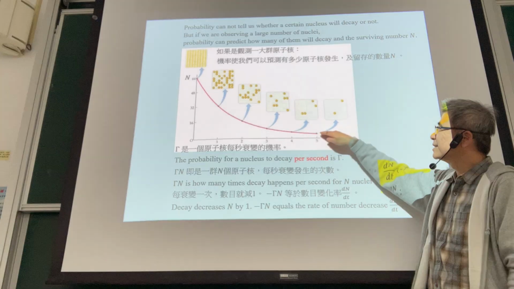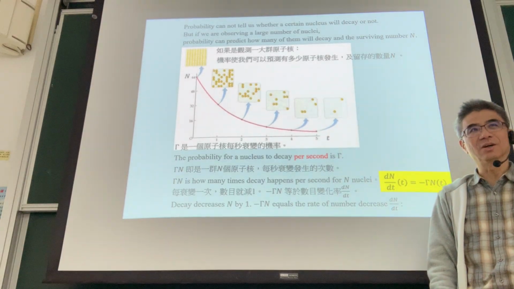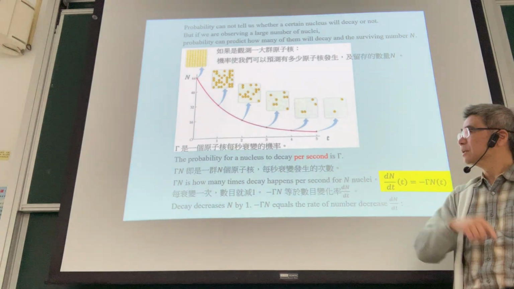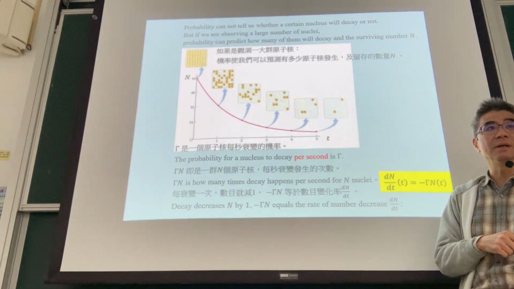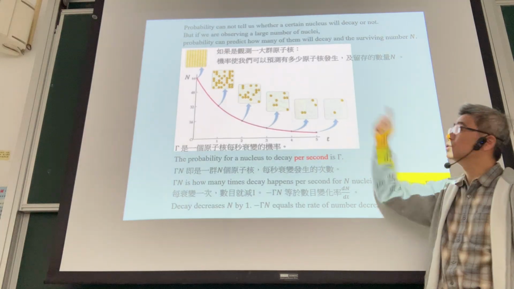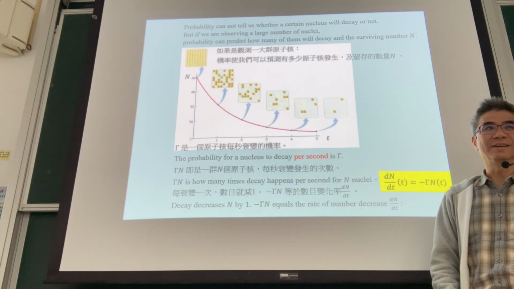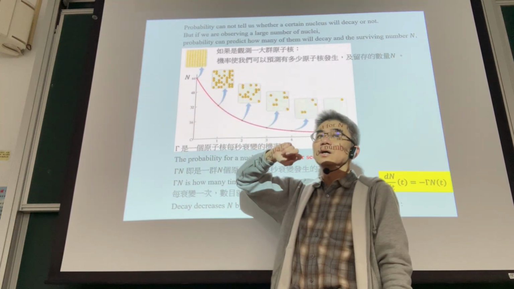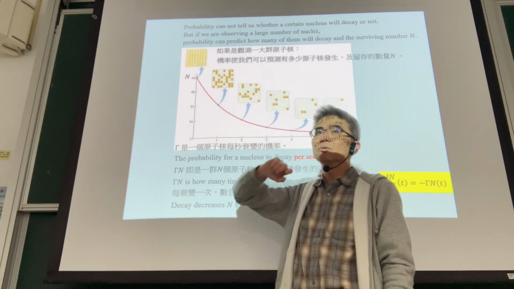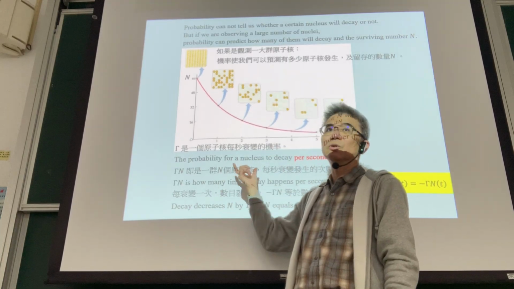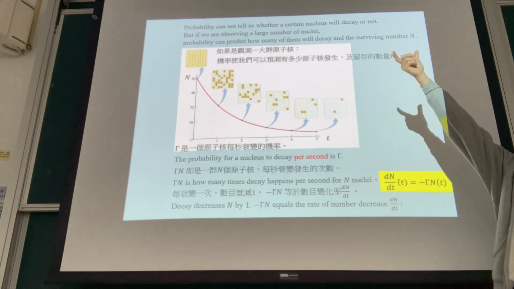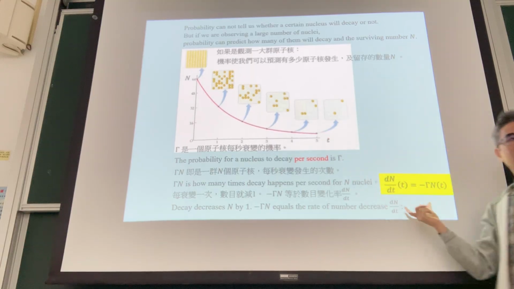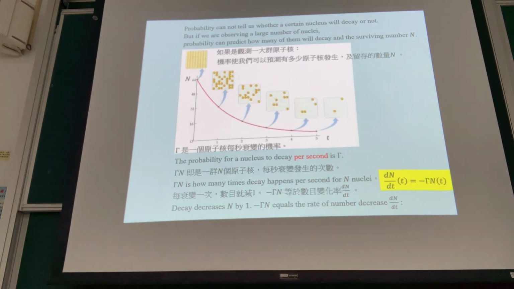At the end of the process, if you have only two nuclei remaining, the number of decays to happen will be very, very small because I've got only two to do the decay. But in the beginning, when I have a lot of nuclei, I have a lot of chance for this decay to happen. So dn/dt will be very, very large at the beginning, very, very small at the end. And put mathematically, they are proportional to each other.